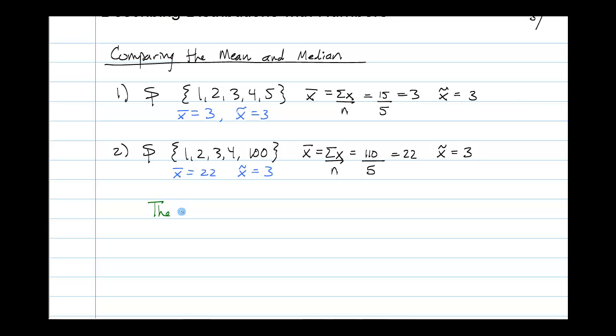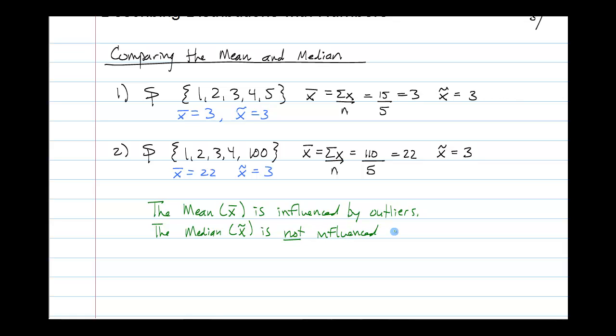The mean, x bar, is influenced by outliers, because clearly 100 is an outlier here. The median, and again we're using x tilde or that capital M for the median, is not influenced by outliers.